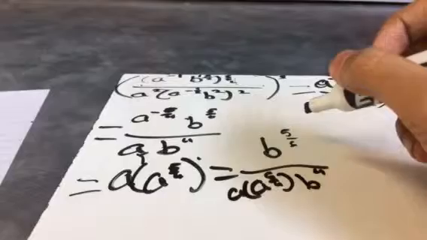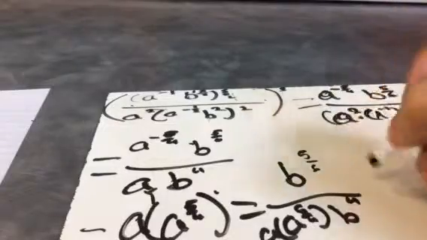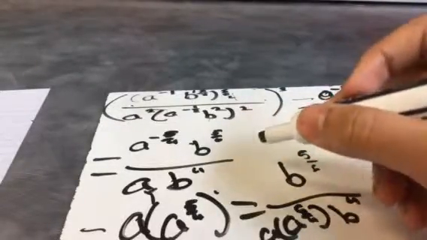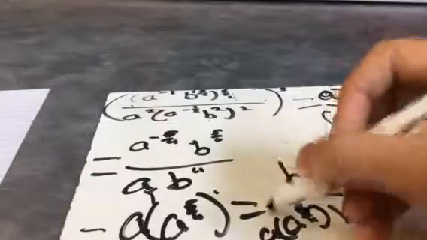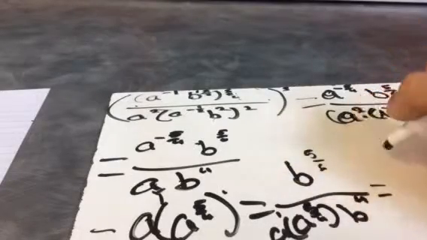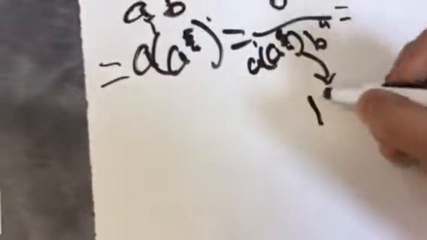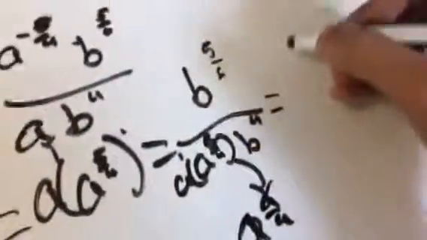So when you add this together, since this is a multiplication, this would turn out to be a to the 9 over 4, and this would equal 1 over, since it's division, you subtract, and this would result in b to the 2.